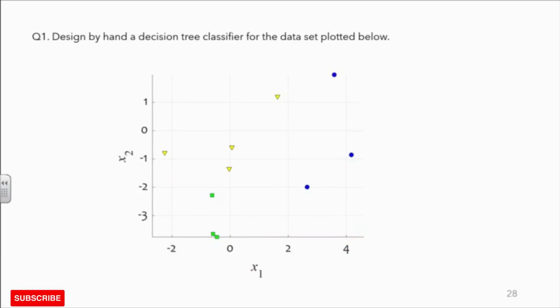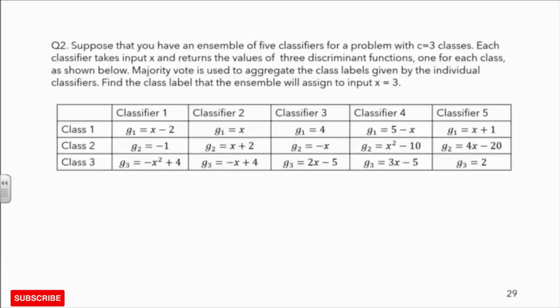Something you could try in your own time is to design by hand a decision tree classifier for that data. Or maybe we'll do it. We have a bit of time. So that's one question that we can answer now. And another question here, and I put the answers at the end of the slideshow.